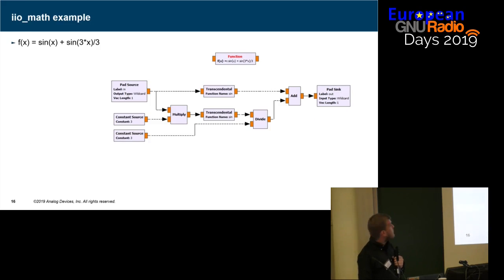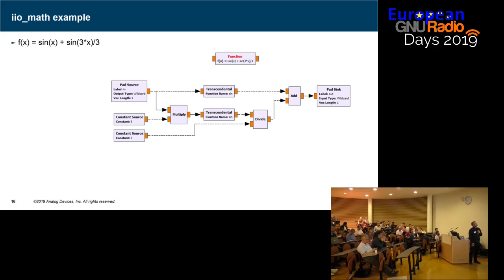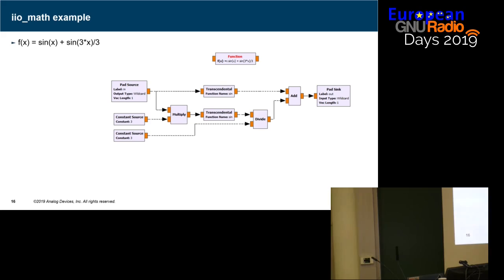So I have a small example here of how the IIO math block works. In this example, we compute sine of x plus sine of 3 times x, and then everything is divided by 3. In order to do this, the IIO math block parses the string, and it creates this sine block, computes it.